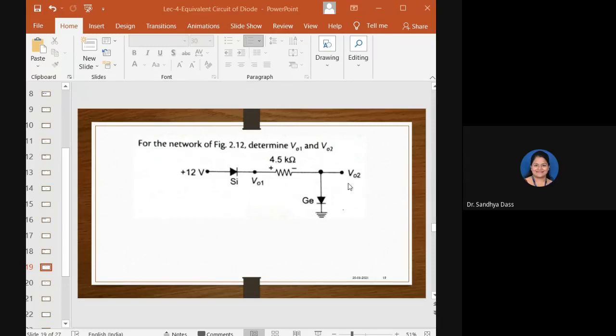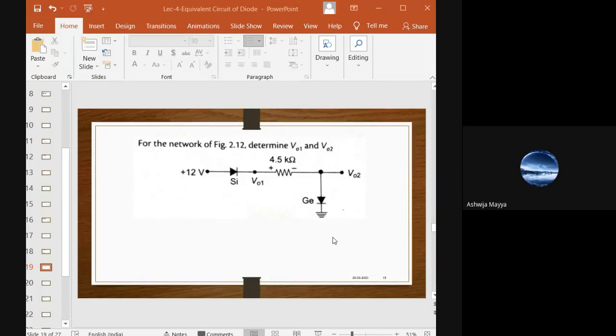Now here VO2. Can anyone guess what would be VO2? If the circuit is complete and both the diodes are conducting, if this germanium type of diode is conducting, what would be this value? Ma'am, is that 0.82?